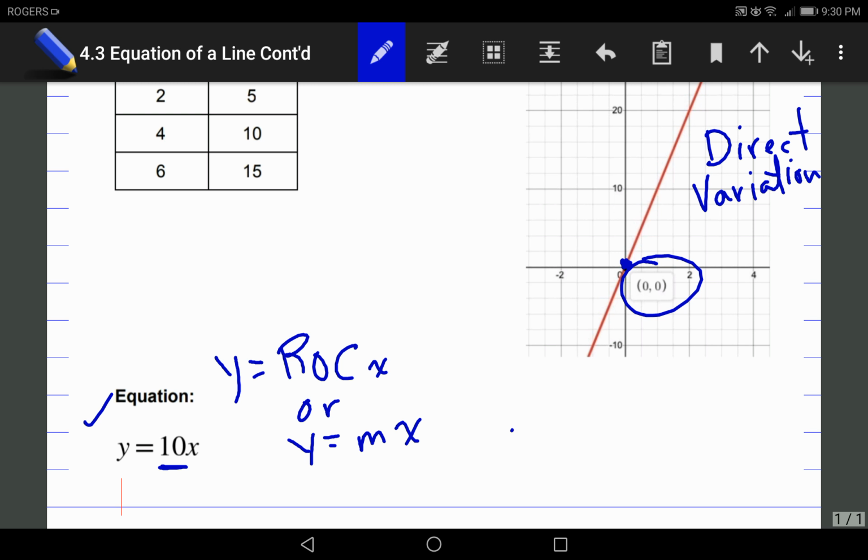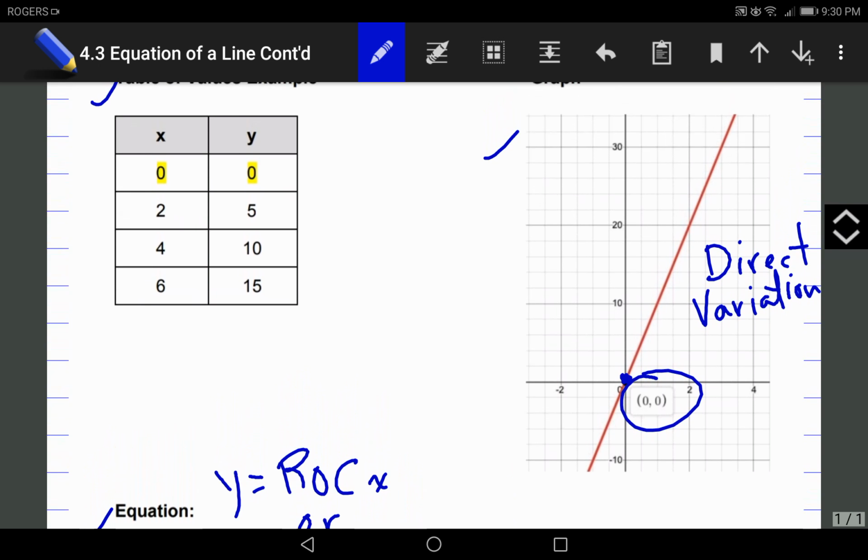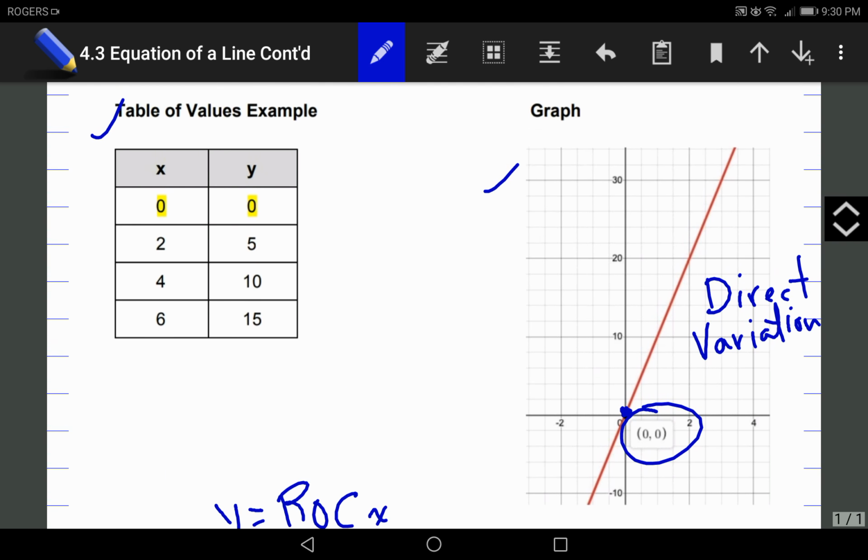Okay? In a table, what would it look like? Well, you are looking for wherever there is a 0 for x, there has to be a 0 for y. That's what makes it a direct variation. If that y value was anything other than 0, it would not be a direct variation. Okay?